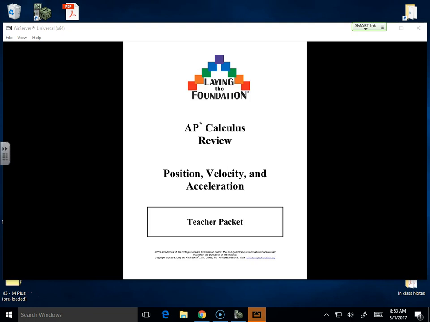What is the derivative of a or b to the u, whichever one you like better? b to the u times ln b times u prime. What's the integral of a to the u or b to the u? 1 over ln of b times b to the u plus c.